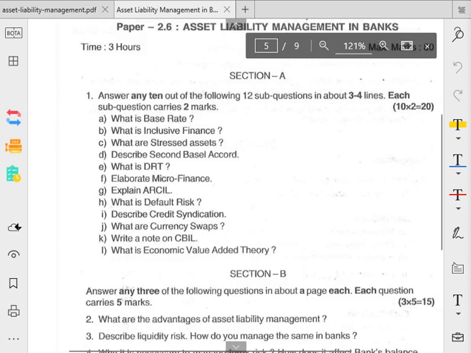Second one, the Second Basel Accord, which means Basel 2. We already had one question on Basel 1. Basel 2 is a set of international banking regulations put forth by the Basel Committee on Banking Supervision. It leveled the international regulatory field with uniform rules and guidelines.